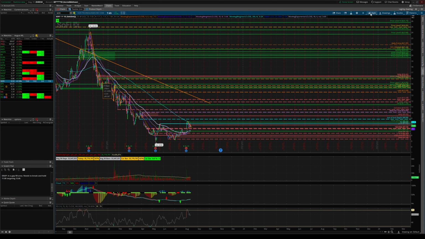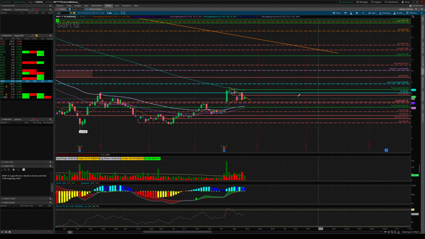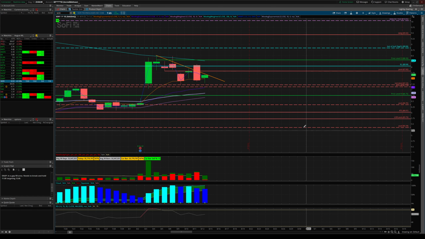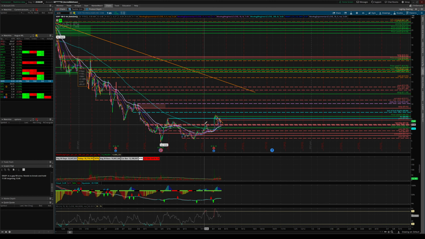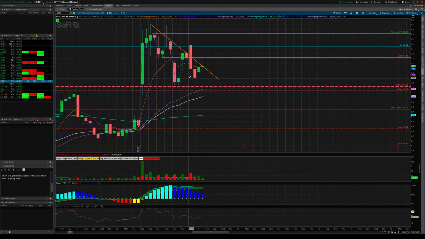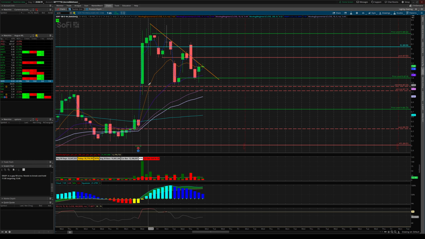All right, SOFI. SOFI is actually not looking too bad. It's creating some sort of falling wedge or bull flag, right? On the 4 hour, we have this demand zone right here, even though it got tested already.